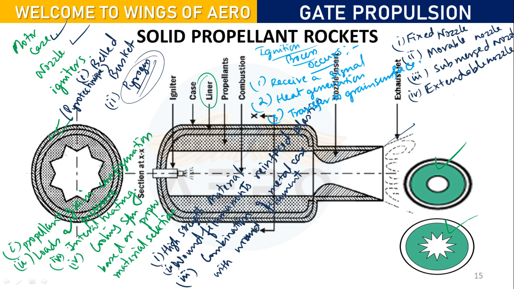Okay, so once it ignites the surface, next there will be a flame over the grains and it will start to burn, right? Clear? Right? Please let me know if it is clear. Clear now? Okay.